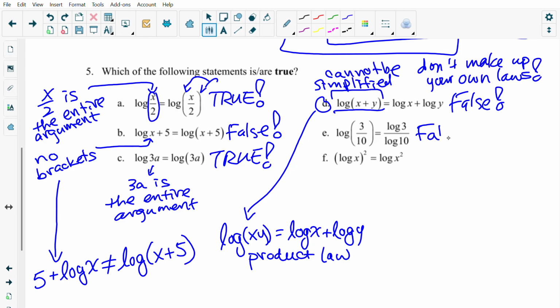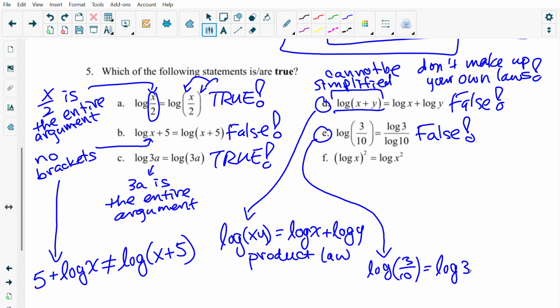So this is false. What are we trying to do, right? Log of 3 over 10. This is the proper application of the quotient law. That's log of 3 minus log of 10. Okay, so letter E is false.